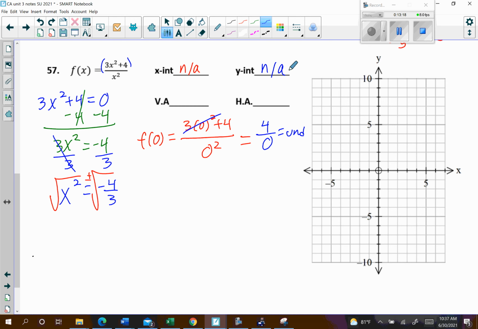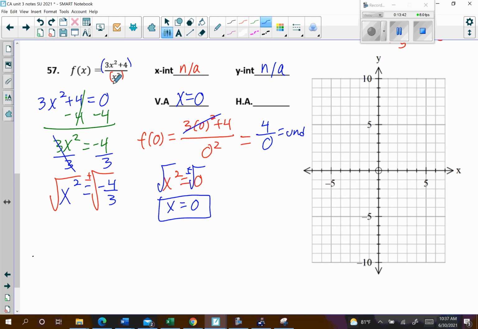Interesting. Okay, let's see, vertical asymptote. You set the denominator equal to 0 and solve. So x squared equals 0. The square root of 0, plus or minus, it doesn't make a difference, is just going to be 0. So the vertical asymptote is just at x equals 0.